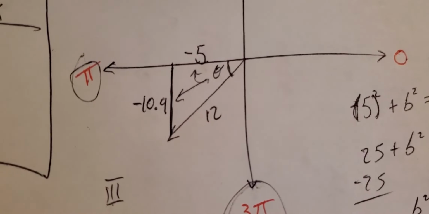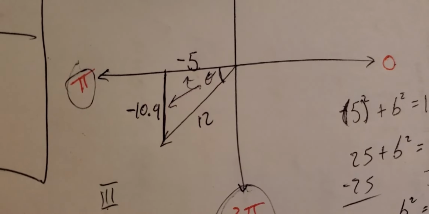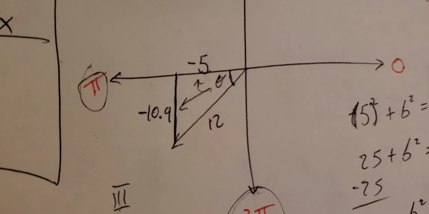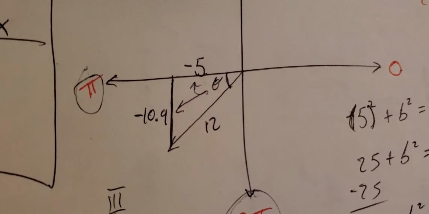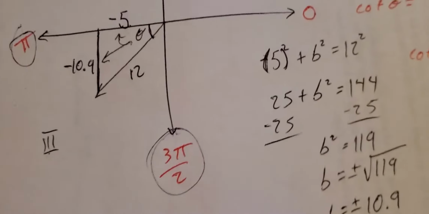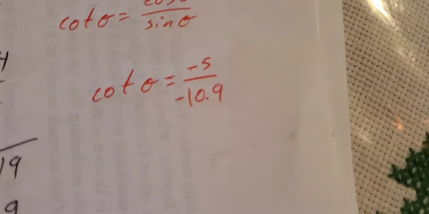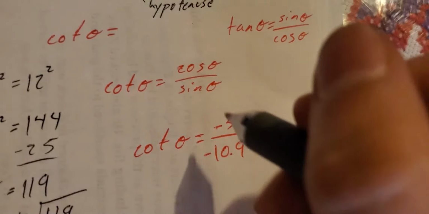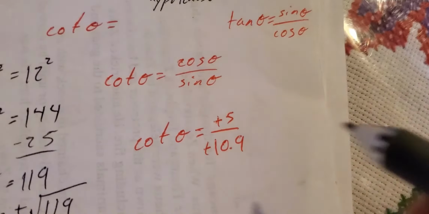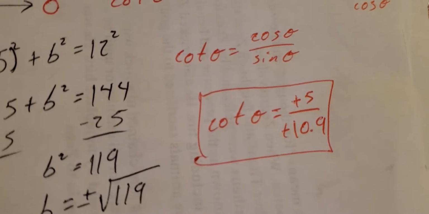Adjacent is -5, and my opposite is -10.9. That means that my final answer is going to be positive. This is my cotangent.